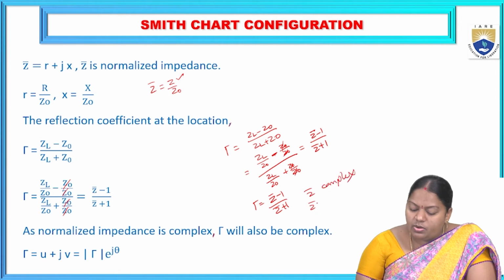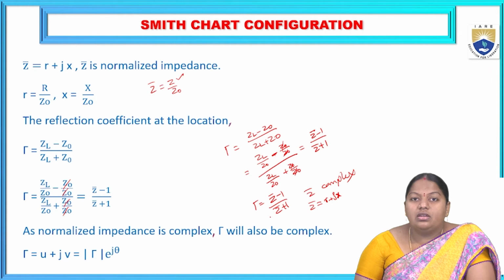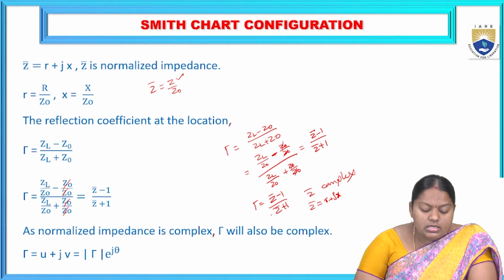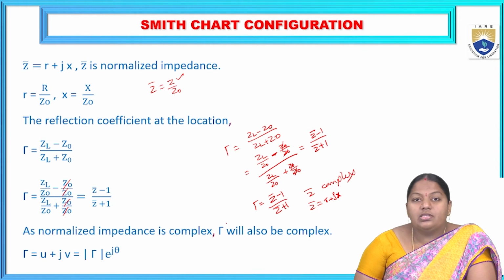If you substitute Z bar by r plus jx in this equation, it includes real and imaginary terms, and an equation consisting of real and imaginary terms must be a complex number. Hence, the reflection coefficient of a transmission line, gamma, will also be complex, right?